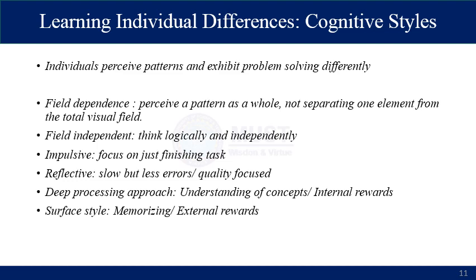On the other hand, field independent style people are able to distinguish subparts from the whole information compared to the field dependent individuals who experience such events in an undifferentiated way.